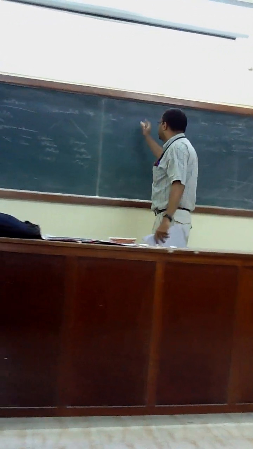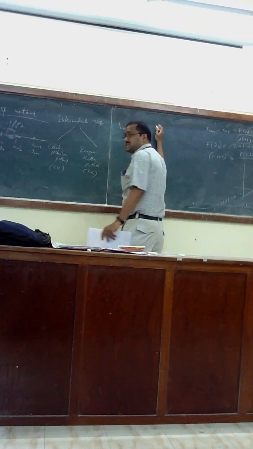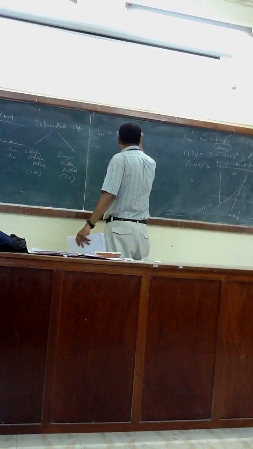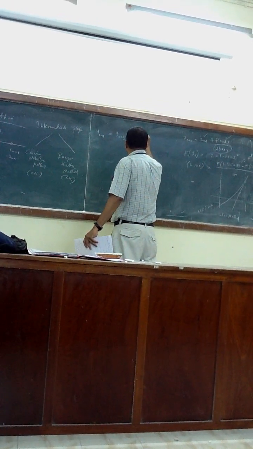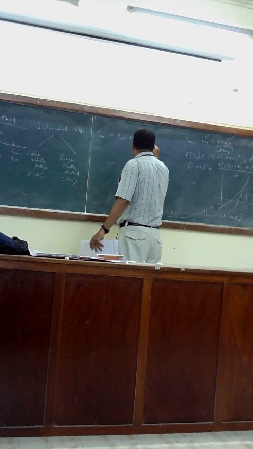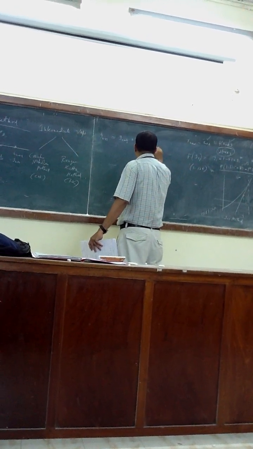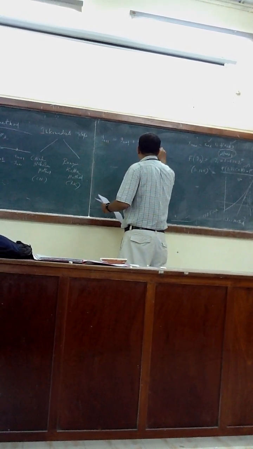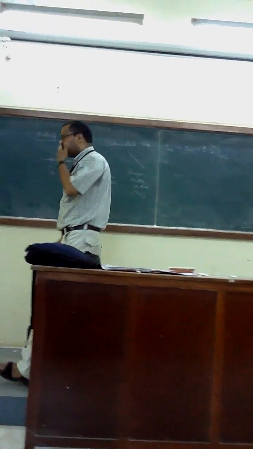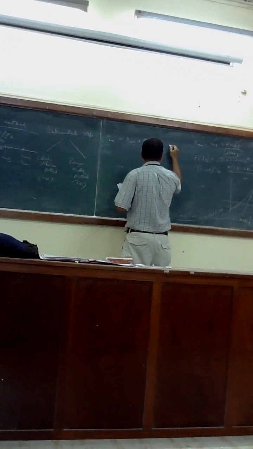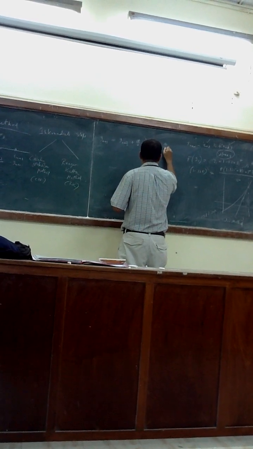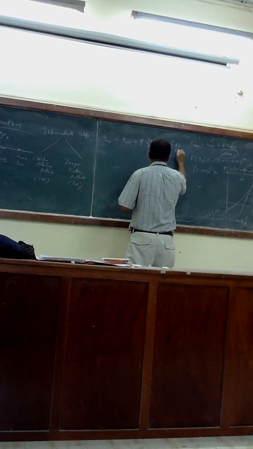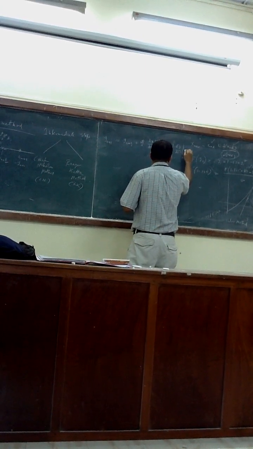Let's look at that. y_{n+1} equals y_{n+1/2} plus delta t by 2 times dy/dt at t equals t_{n+1/2}, plus (delta t by 2) squared by 2 factorial times d2y/dt2 at n+1/2, plus order delta t cubed.